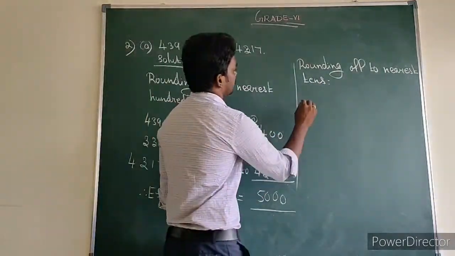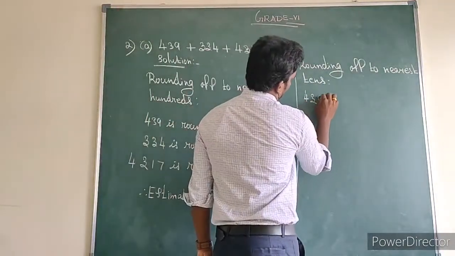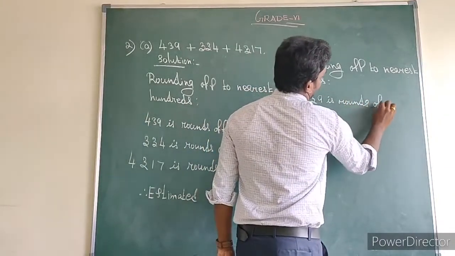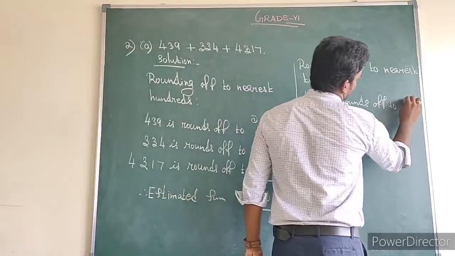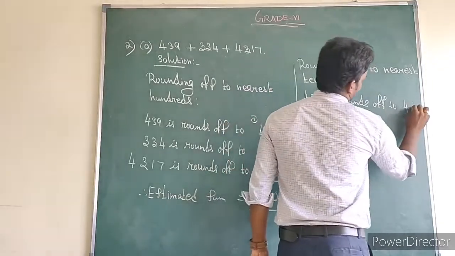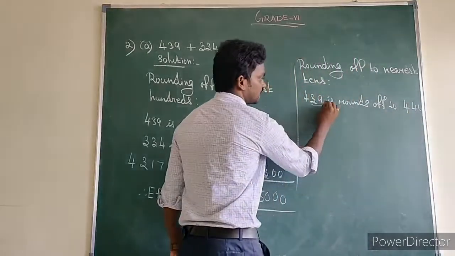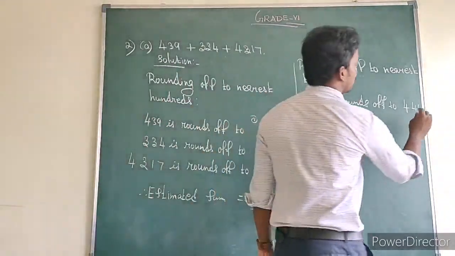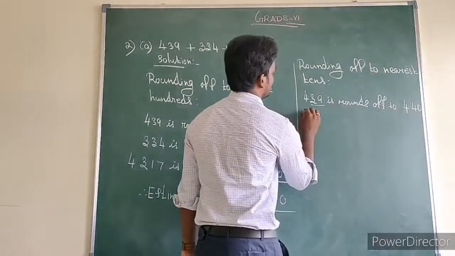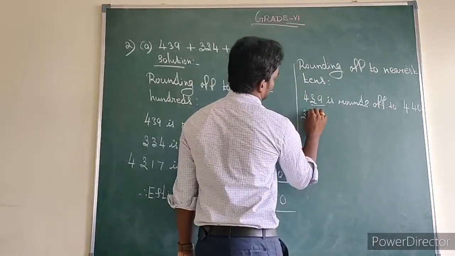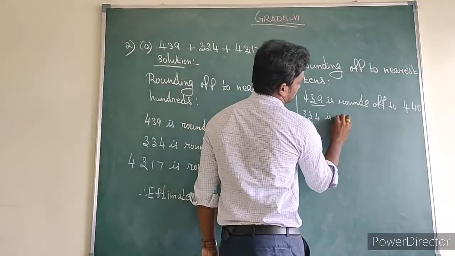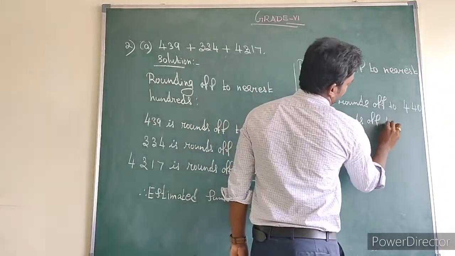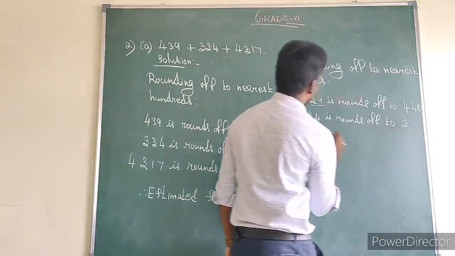So 439 rounds up to what? 440. So this is rounding up to the nearest 10. Nearest 10 means 39 is nearest to 40, so 440. Next, 334 rounds up to what? 330.